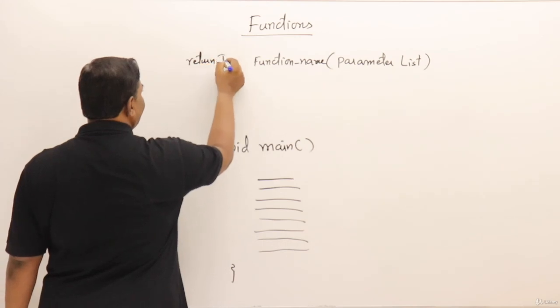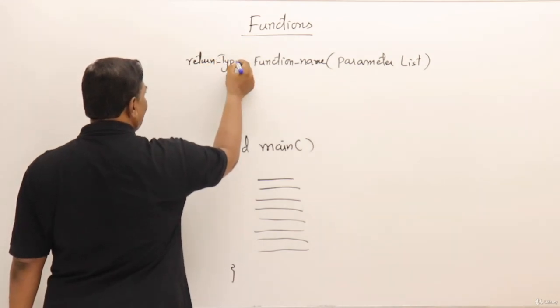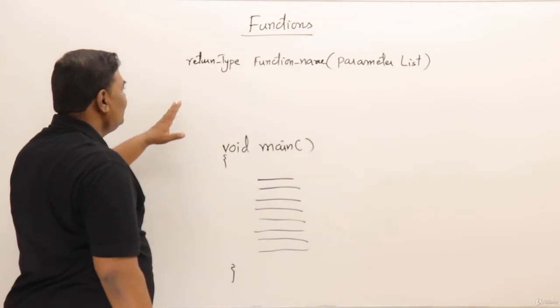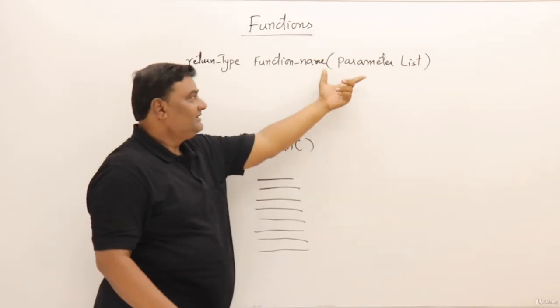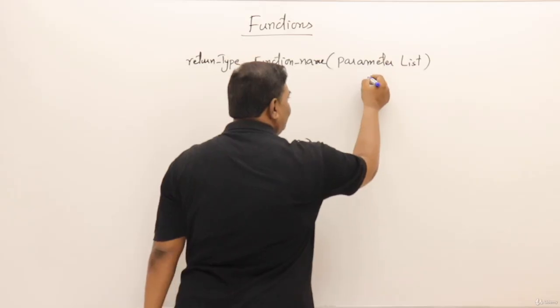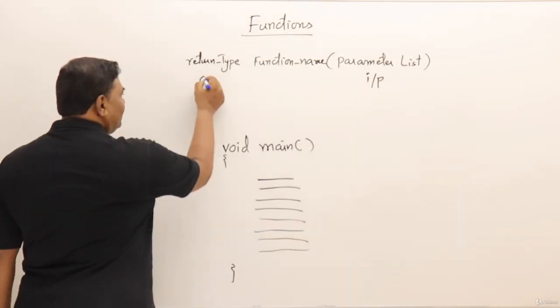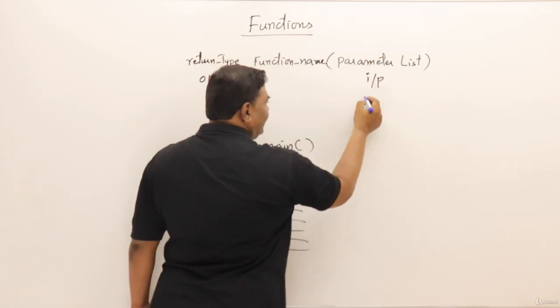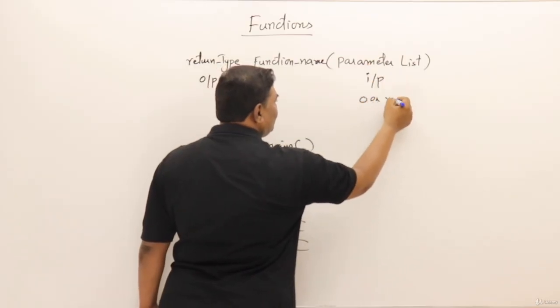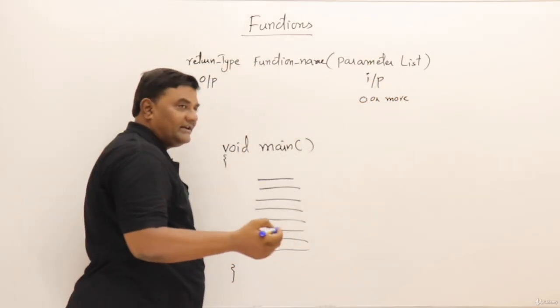What value it is returning, it should have the data type of that value here. So functions are identified by their name, and this becomes the input to the function, and this is the output of a function. A function can take 0 or more inputs, meaning it may not take any input also.